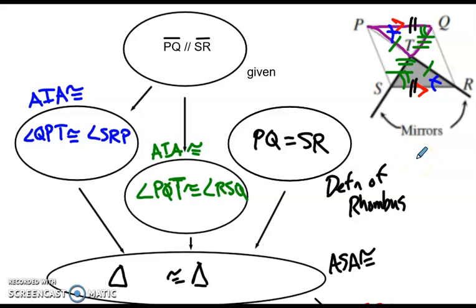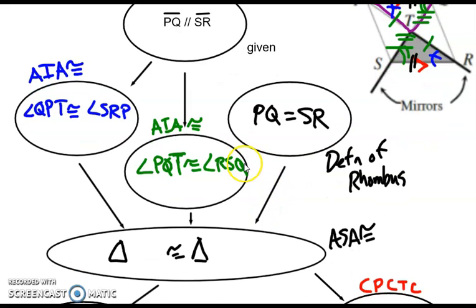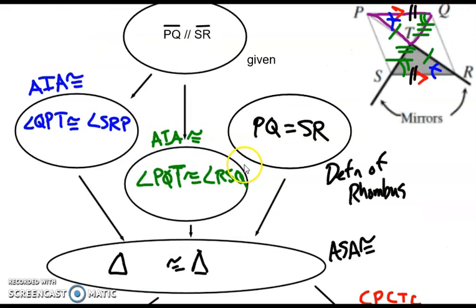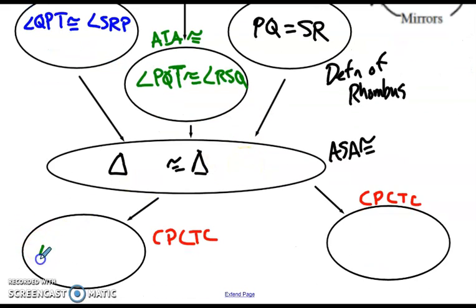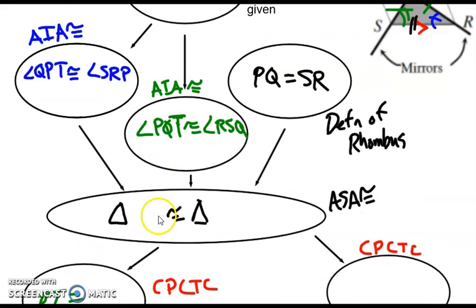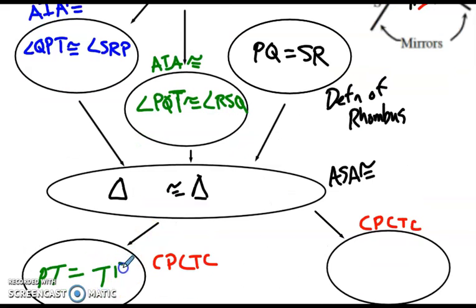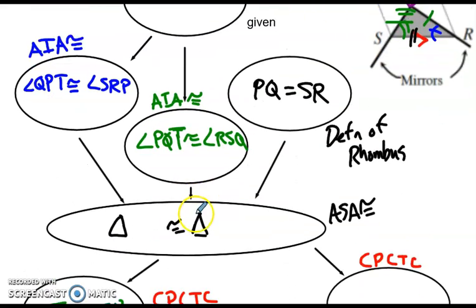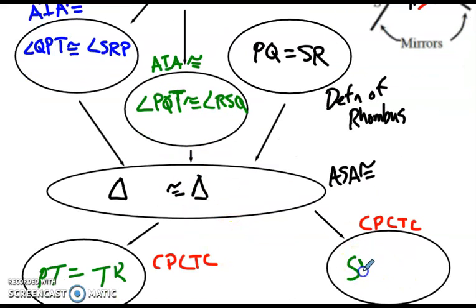And so what we've proven here is by proving these triangles congruent, we've proven that PR cuts SQ in half and SQ cuts PR in half. So down here we're going to say that PT is equal to TR, and ST is equal to TQ.